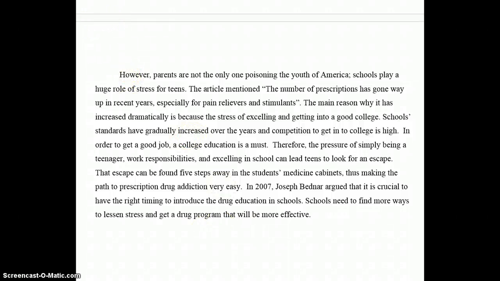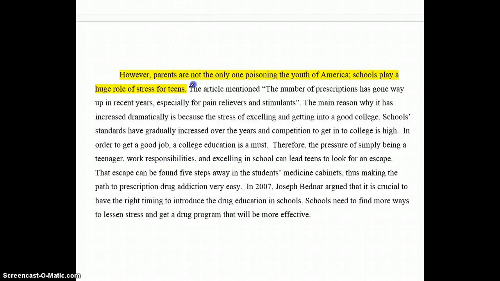We start with, however, parents are not the only one poisoning the youth of America. Schools play a huge role of stress for teens. Note the transition word. Now my whole paragraph should explain something about teens and stress. Now let's take a look at the next part.